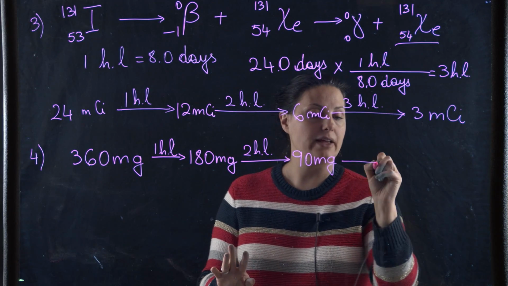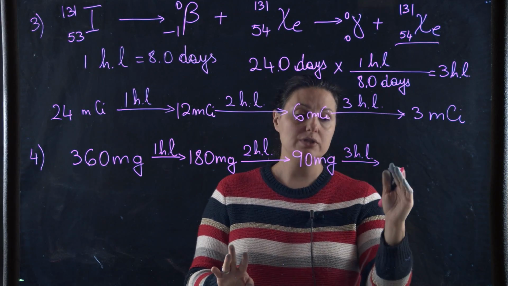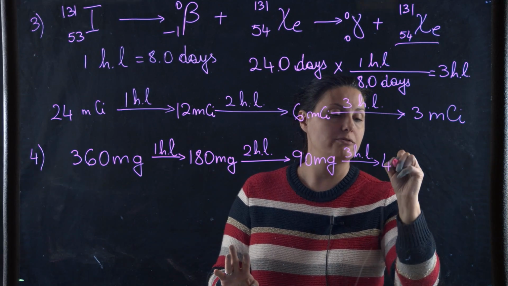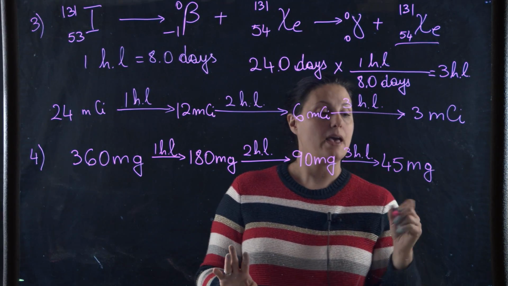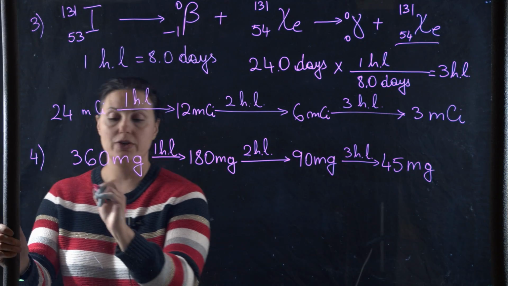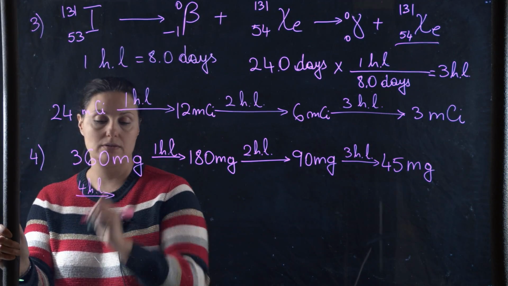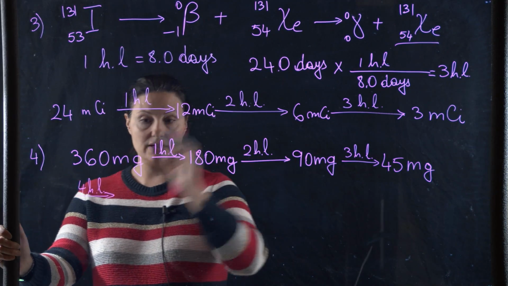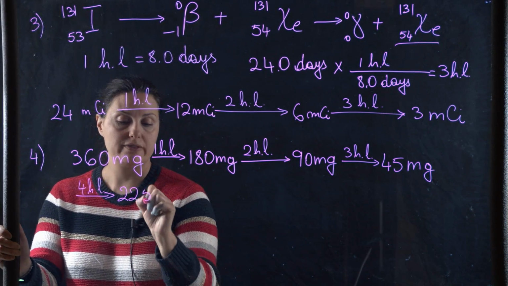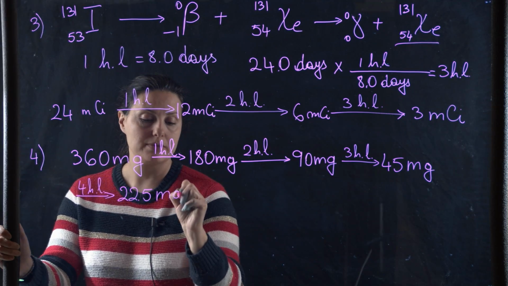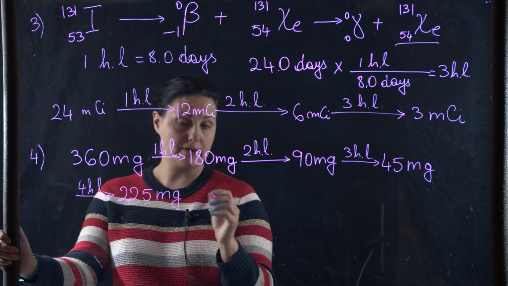After my third half-life, this will divide in half again, so it will be 45 milligrams. After my fourth half-life, this will be divided by another 2, which will be 22.5 milligrams. And then I'm still not at 11.25.